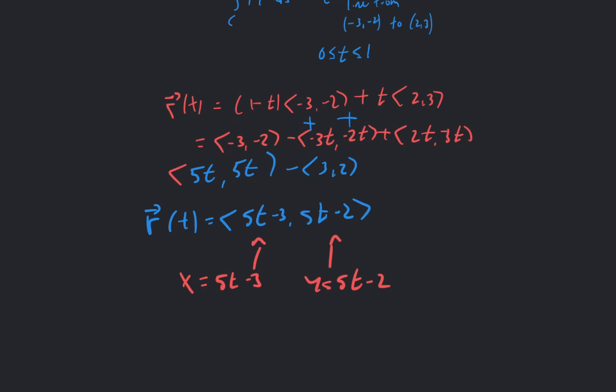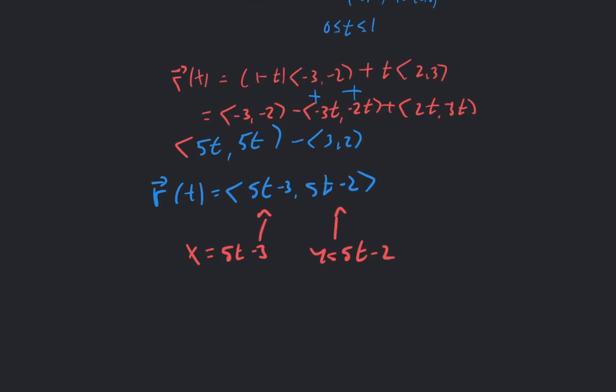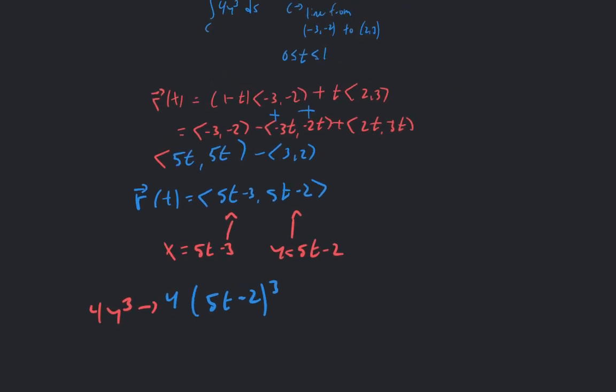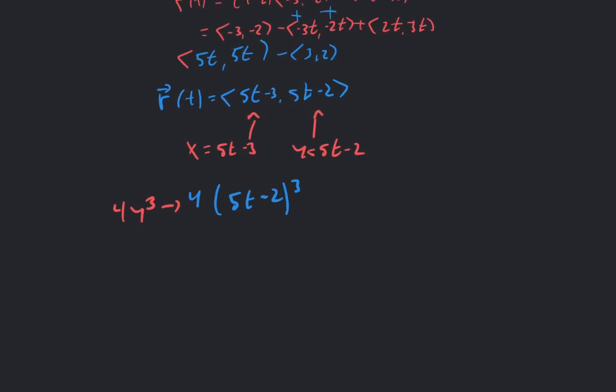So then we're going to plug 4y cubed into our equation: 4 times 5t minus 2, cubed. And then we want to know our ds. Our ds is going to be the square root of dx by dt squared plus dy by dt squared.